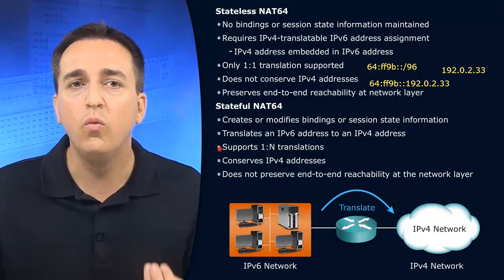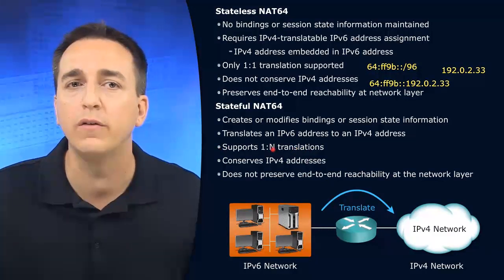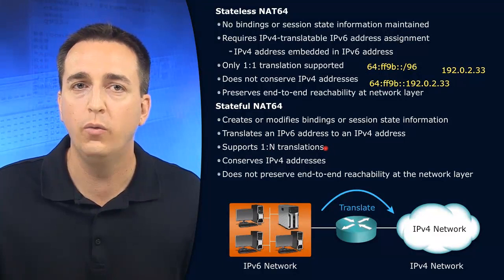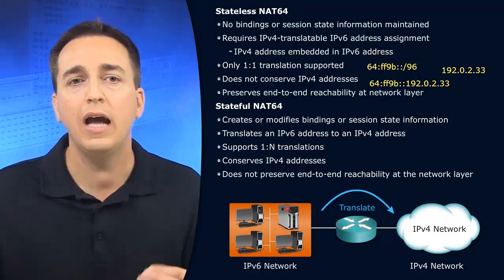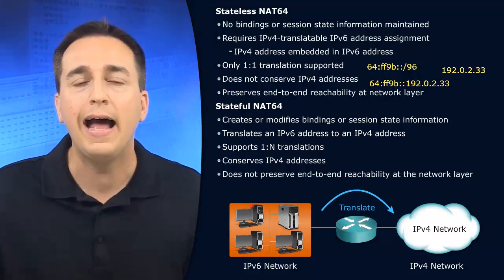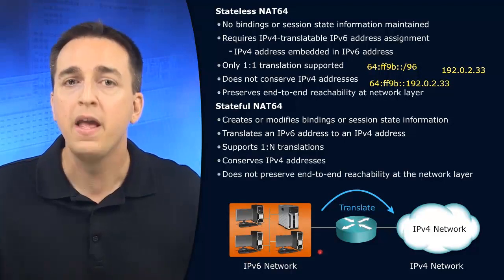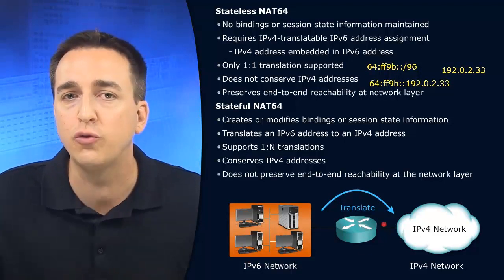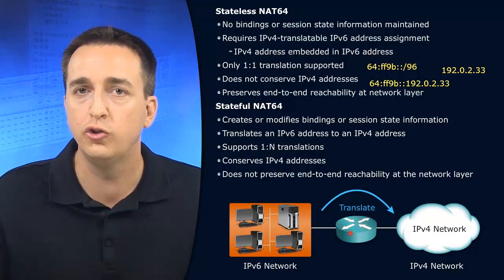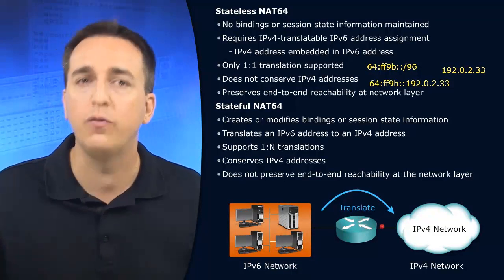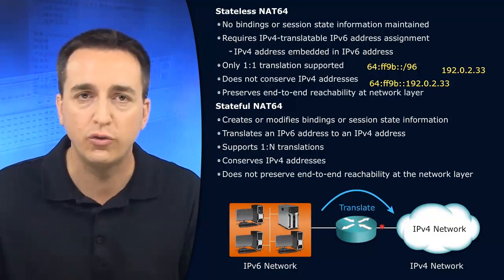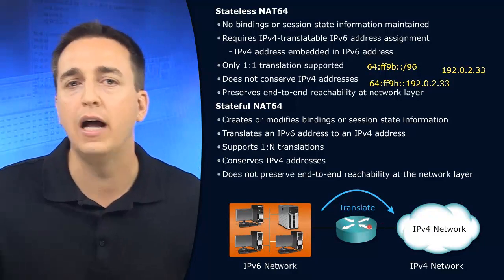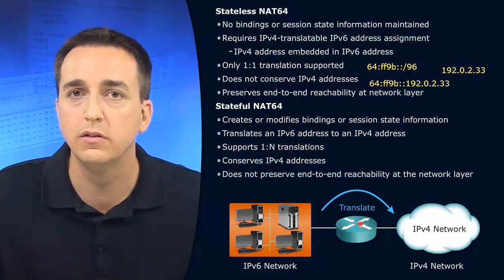But you have the one to any number of translations when it comes to IPv6 to IPv4. So you have your IPv6 addressing on your devices, and then you're going to have those addresses translated on the router. Translated to what? To the IPv4 addresses or address that is going to be utilized for those translations.